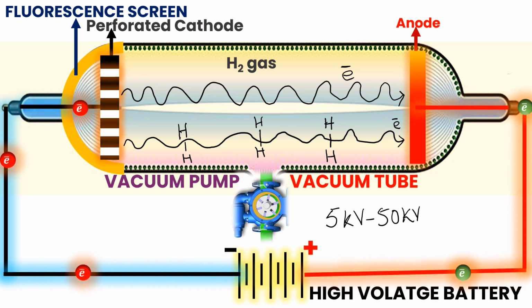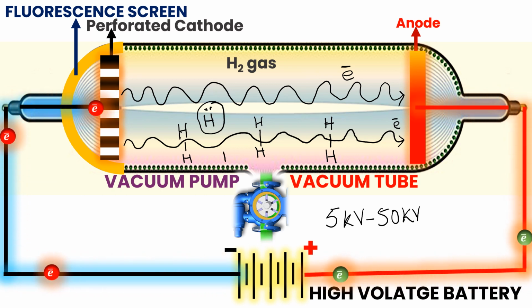Due to breakage of the bond, the hydrogen will be converted into hydrogen with two electrons, which will be negatively charged, as well as the hydrogen nucleus, which is a positively charged proton.